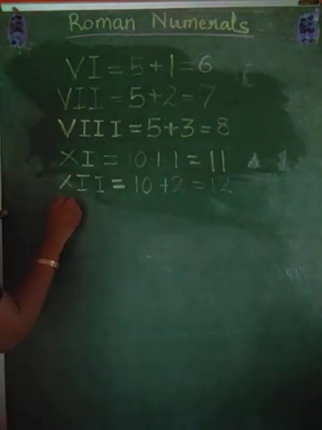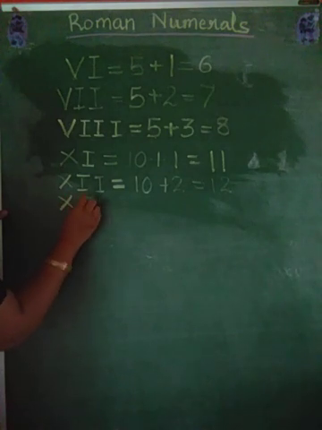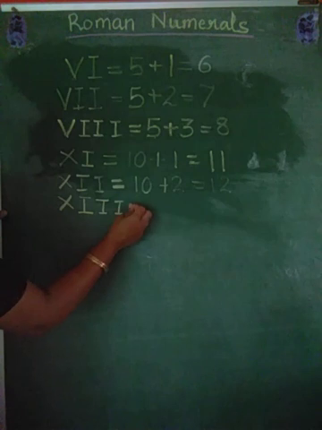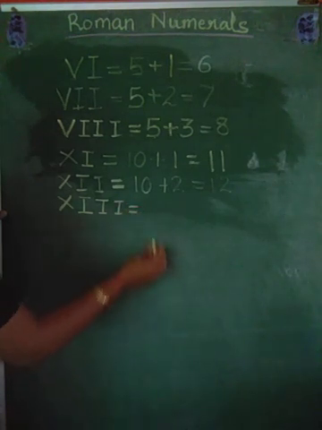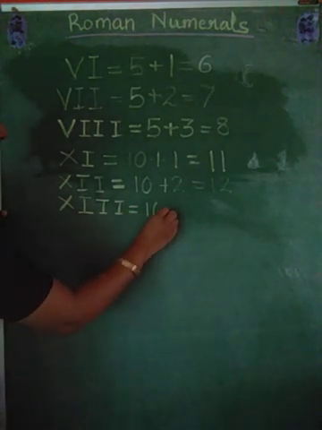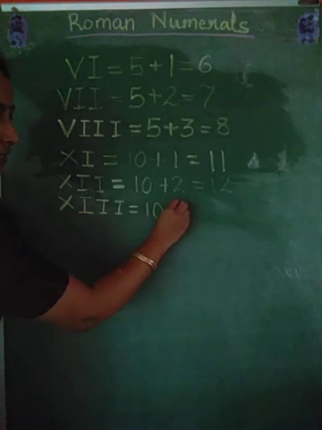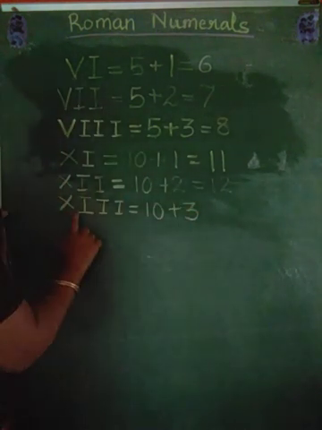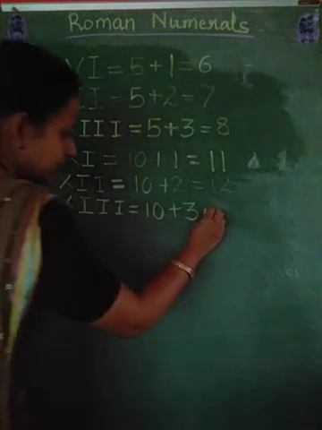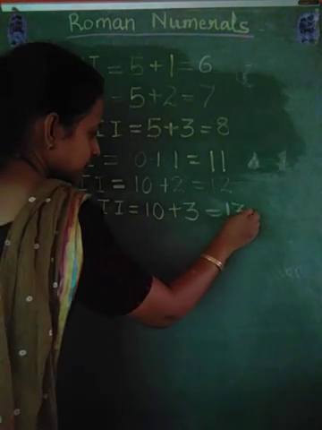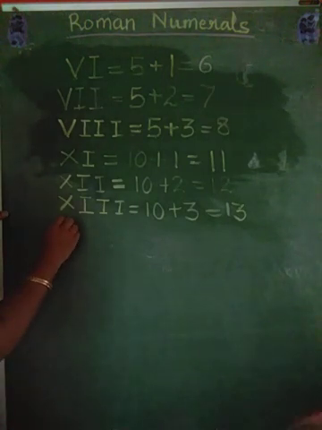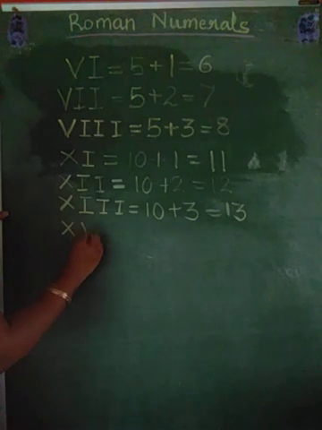Now let us write this, X triple I. What will be the value of this? 10 plus 3 is equal to 13. We can write one more number, that is XV.